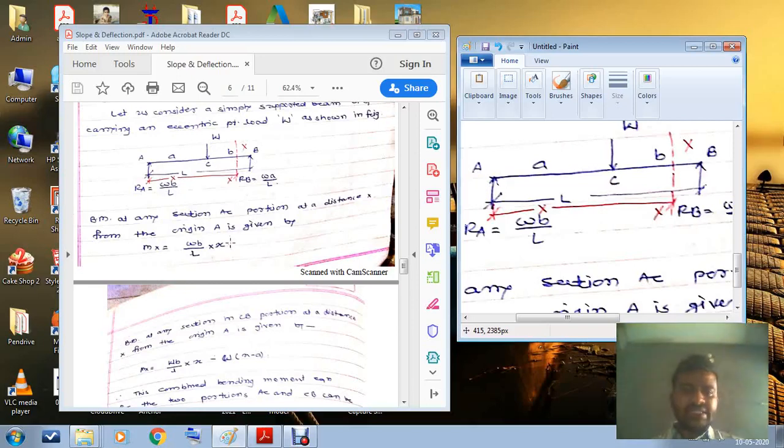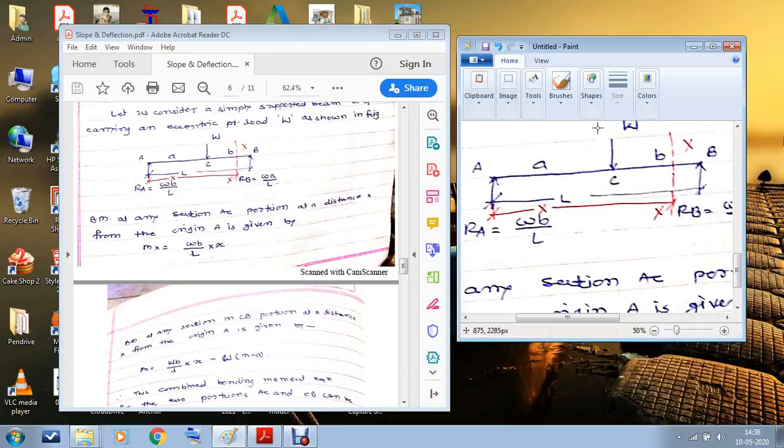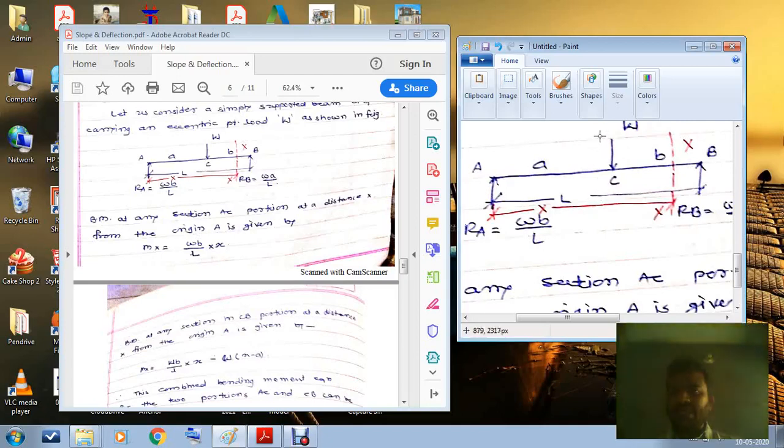This equation will be valid only if this section is acting before, or on the left of, this point load W. Are you getting it?